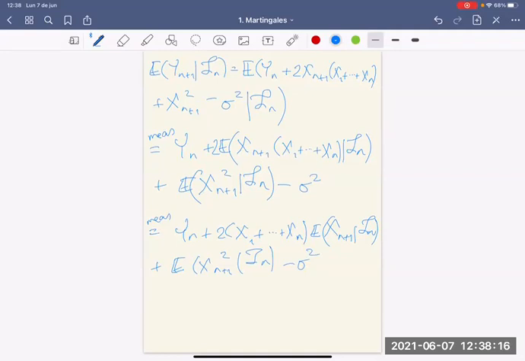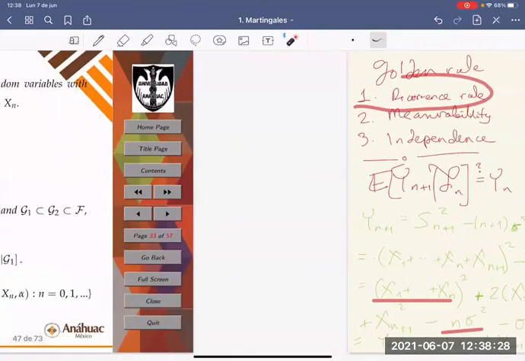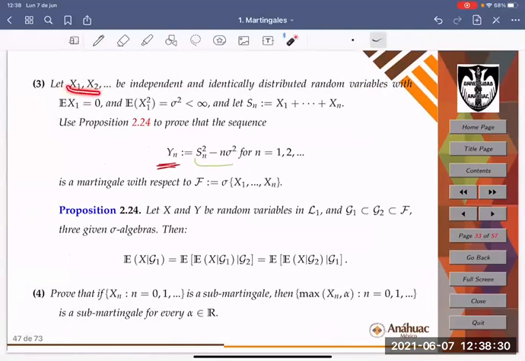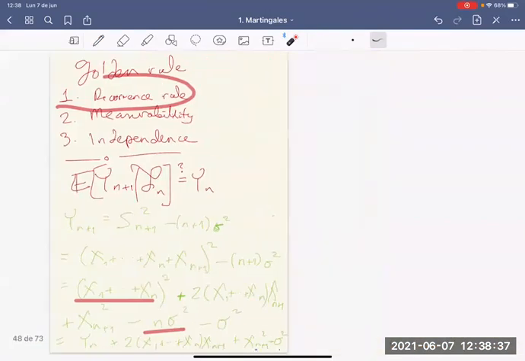And then I can use independence to see that X_{n+1} is independent of all this story. And you'll be like, why was that? Well, because all these random variables were independent. Actually, they were pairwise independent.